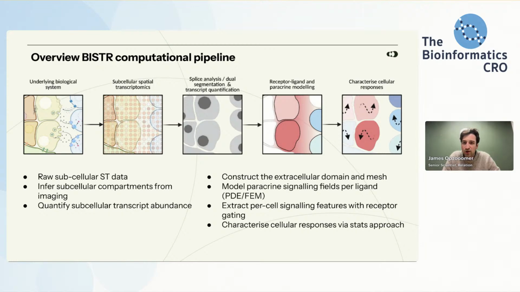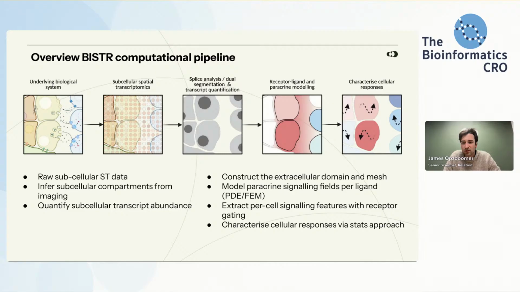And then we construct the extracellular domains, the space between the cells, as a finite element triangulation mesh. And we model paracrine signaling fields per ligand across this mesh using finite element methods.